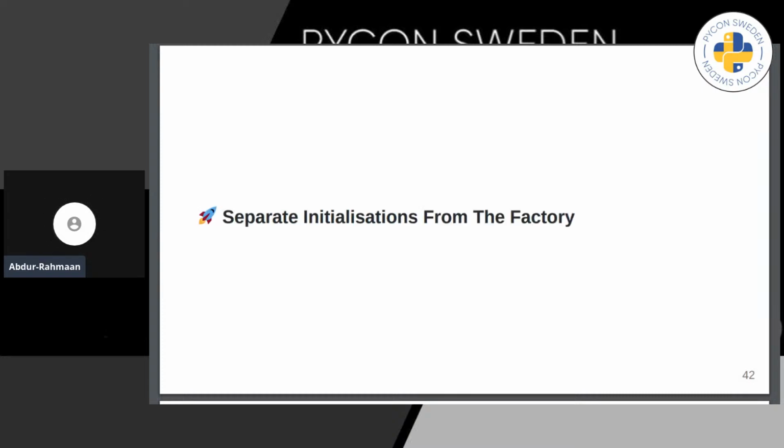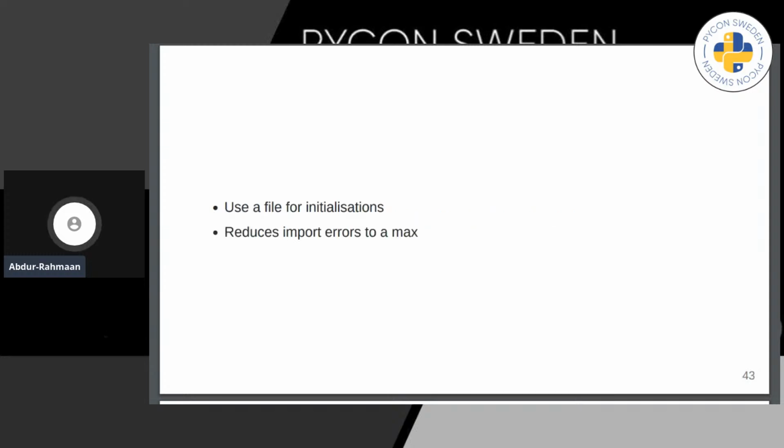And also you need to think of a great setup to iron out circular import errors. The problem is that normally if you use a single file Flask app, you define your extension objects all in that file.